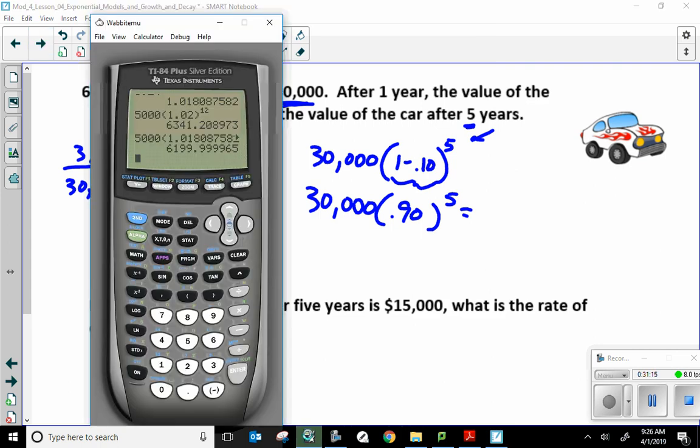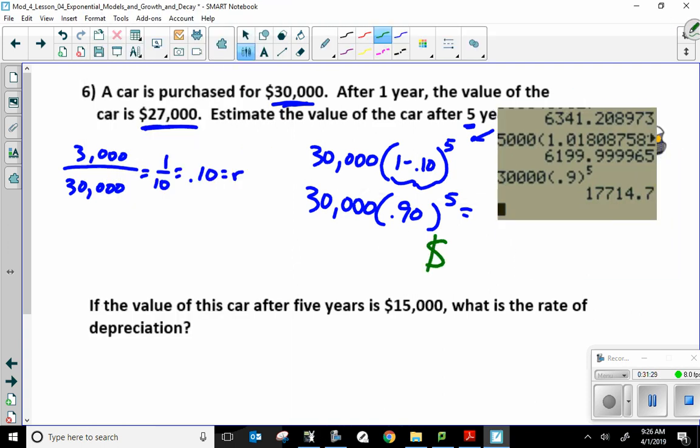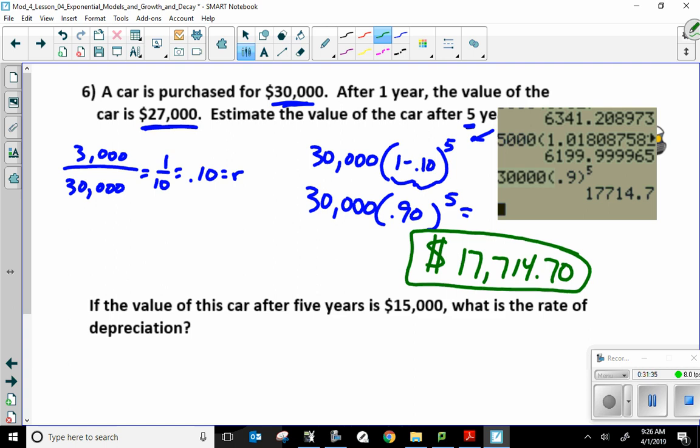Let's figure out what that is. 30,000 times 0.9 raised to 5. Bam. Let's call that, and that's money, right? $17,714.70. That's what it's worth after 5 years. Congratulations, your car is almost a lemon.